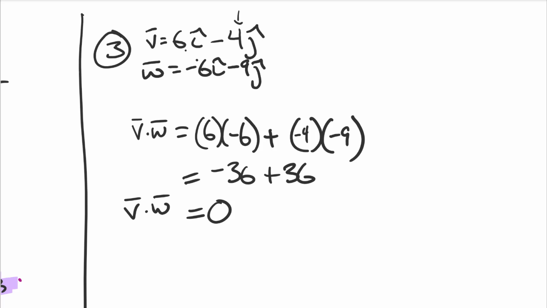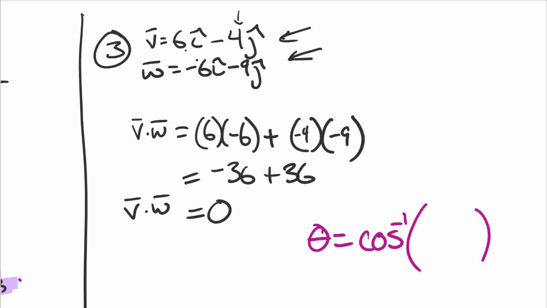Well, there's no reason to keep going. We're done. I know that both of these have at least some magnitude, so why would we continue? Our formula is that theta is equal to cosine inverse of some values that we know are there, and a 0 up top. What's 0 divided by anything that's not 0?